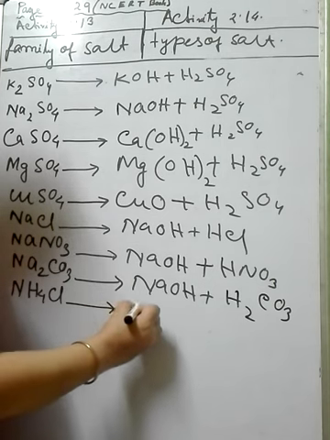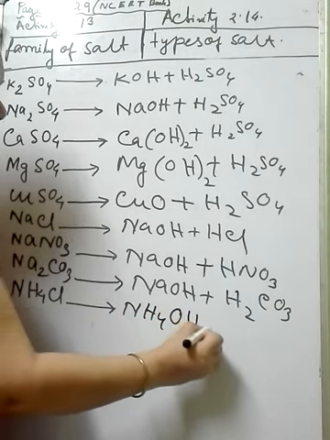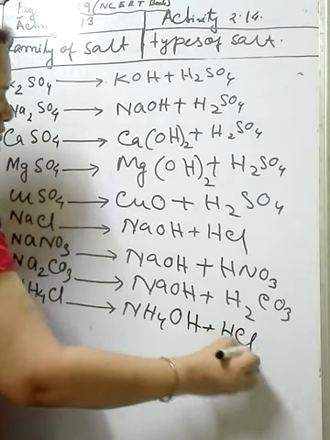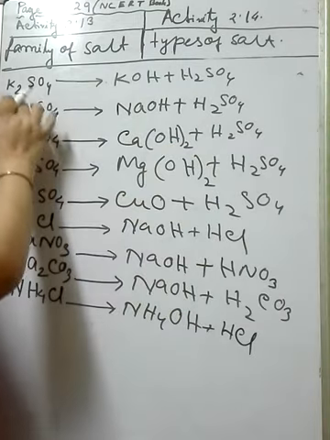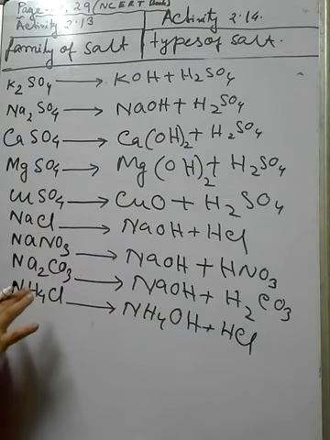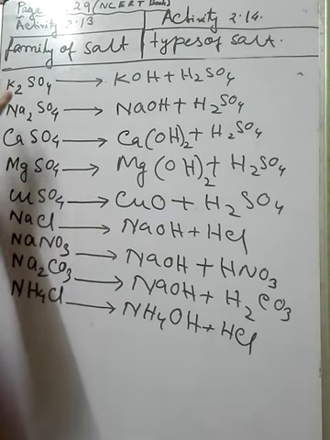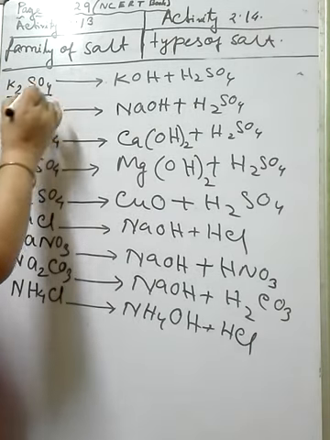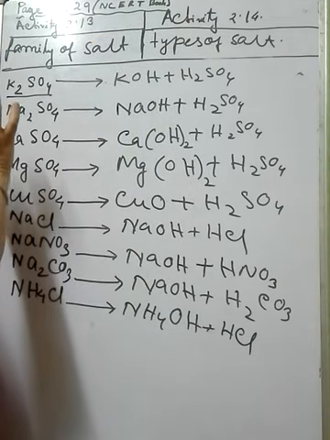Ammonium chloride is formed by combining ammonium hydroxide and hydrochloric acid. So these are the parent base and acid which combine to form the particular salt. We can easily say, after looking at the formula of the salt, what the parent acid and base are which combine to form that particular salt.